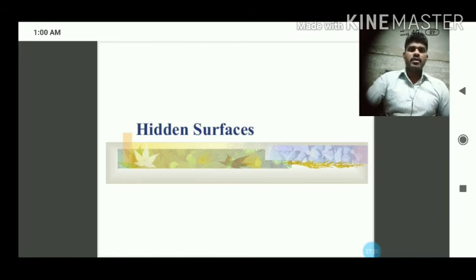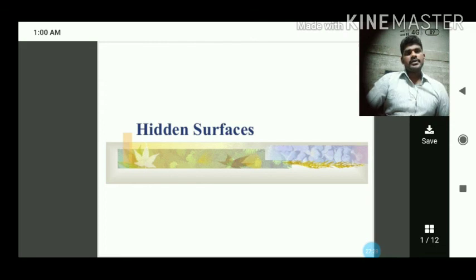We have already seen what the object space method and the image space method are, and the types of algorithms that help with hidden surface removal or visible surface detection.